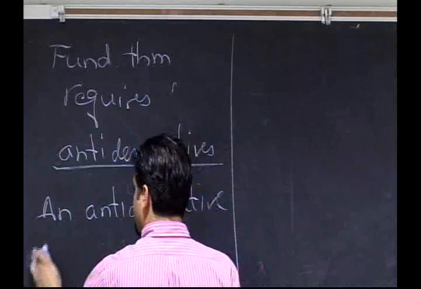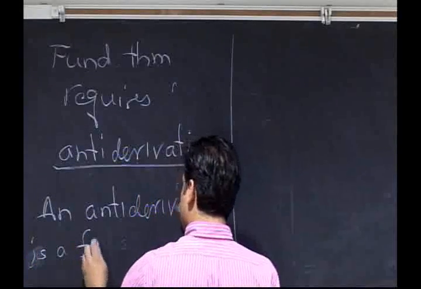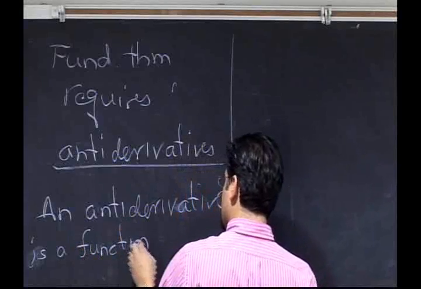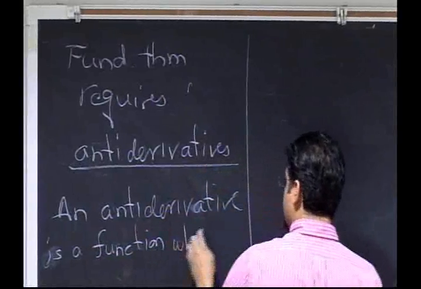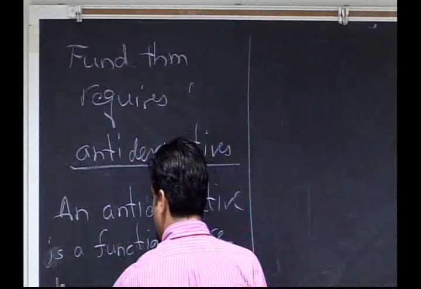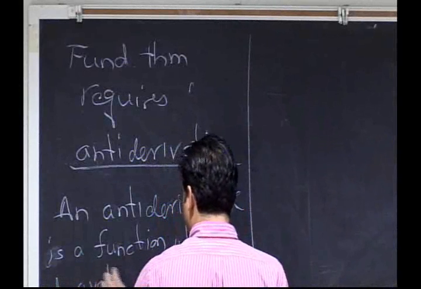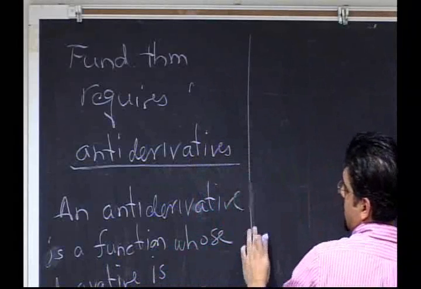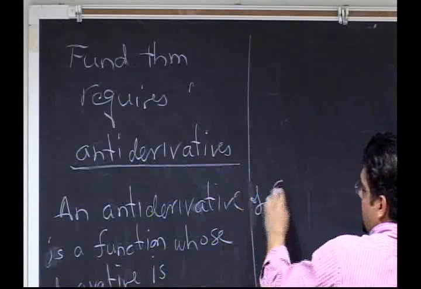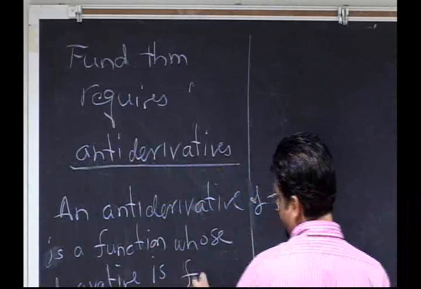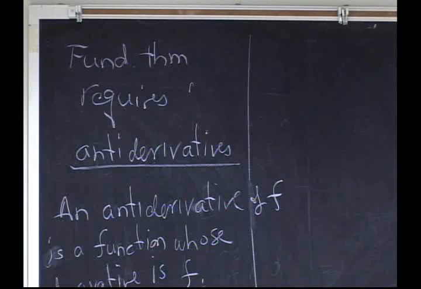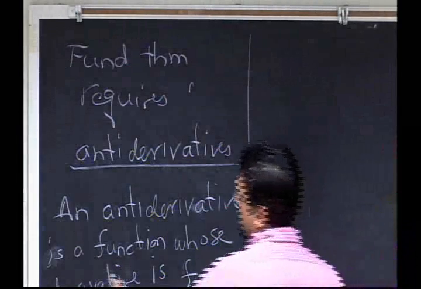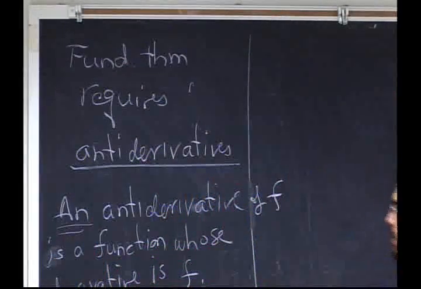An antiderivative of f is a function whose derivative is f. And notice here we're saying an antiderivative, not the antiderivative, because there are more than one.